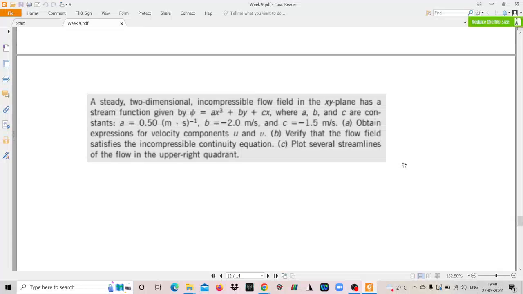So psi is basically a function of x and y. The values of a, b and c, which are constants, are given to you. You need to obtain the expression for velocity components u and v. That is the first part. Then utilizing these velocity components, you need to show that the flow field satisfies the incompressible continuity equation, and in the last part you need to plot several streamlines of the flow in the upper right quadrant.